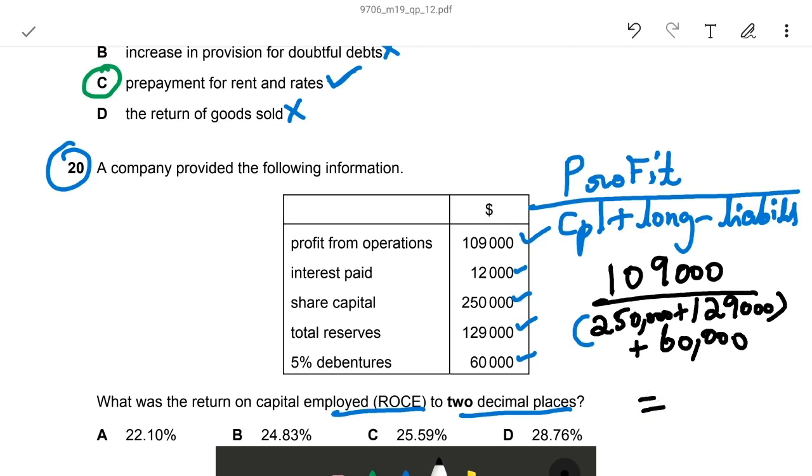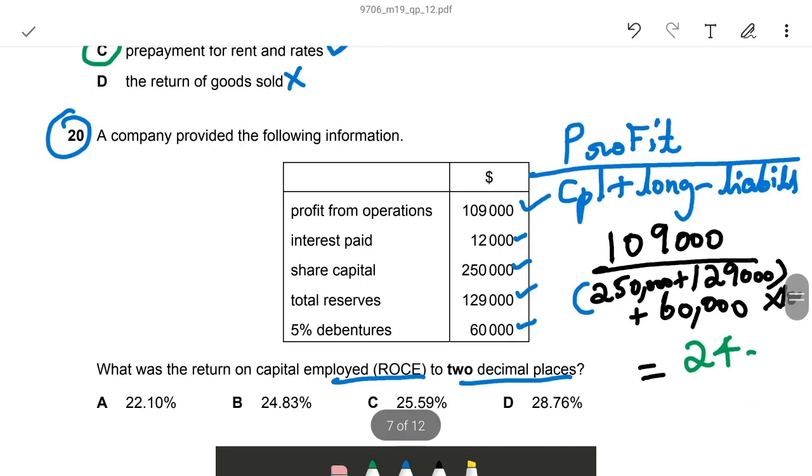What is the answer? Multiply by 100. The answer is 24. So the correct answer is 24.83.